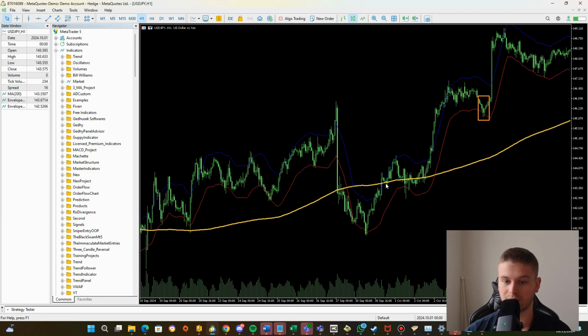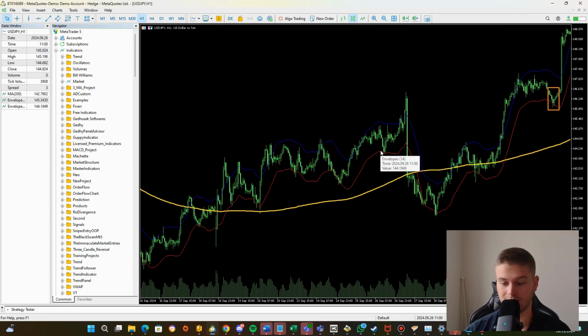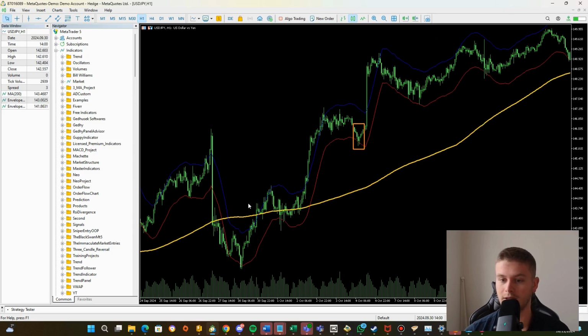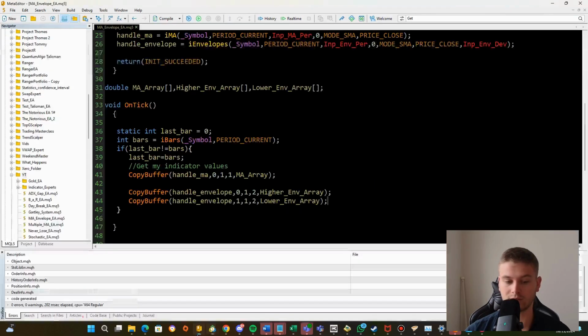In this case, the price touches the moving average and the envelopes as well. Therefore, this is a sideways trend. The same thing here, for example. It's not ideal, I know. There will be a lot of false signals, but let's start with something and then I can think of something more sophisticated.